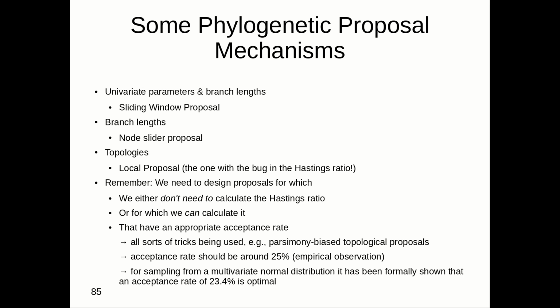Right, and as I said before, the acceptance rate should be around 25%. This is just an empirical observation. There's no theory behind it. But there is one theoretical result that tells us that for sampling from a multivariate normal distribution, it has actually been formally shown that an acceptance rate of 23.4% is optimal.